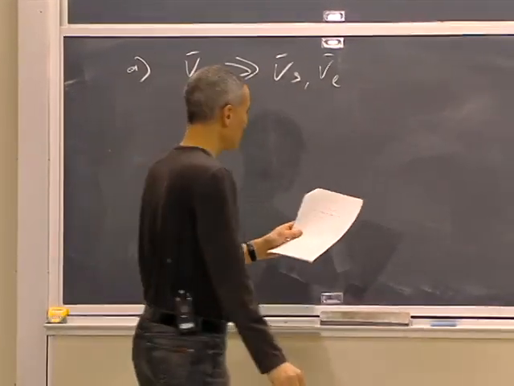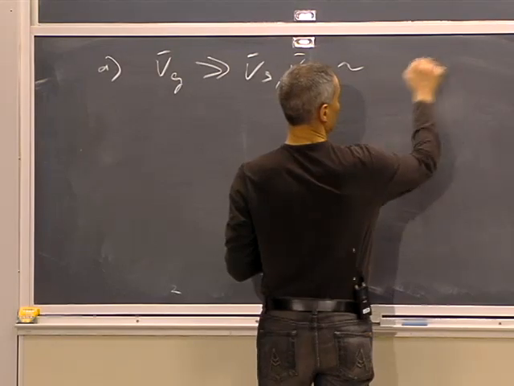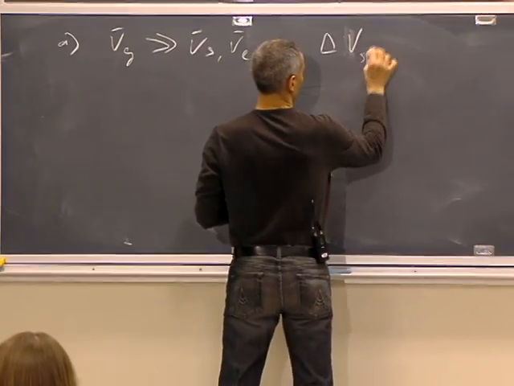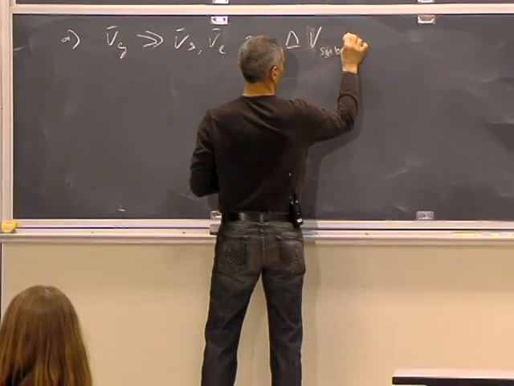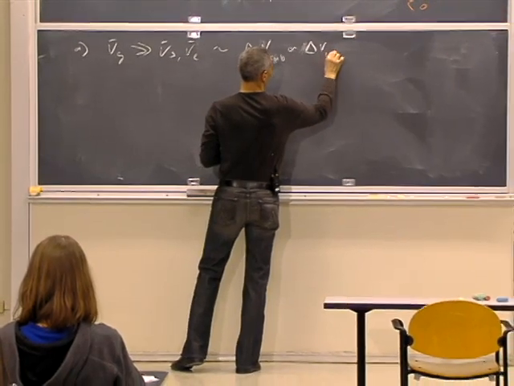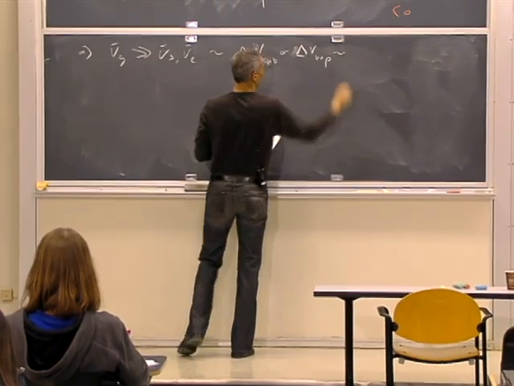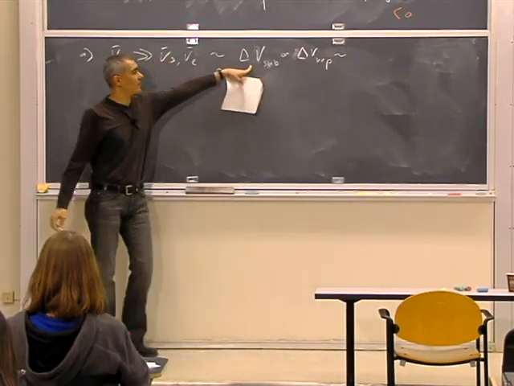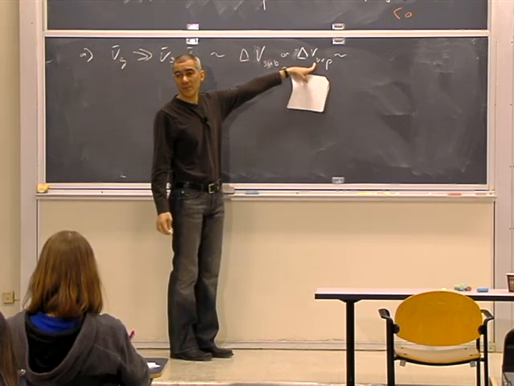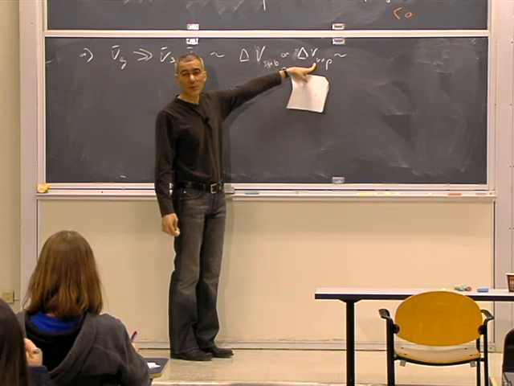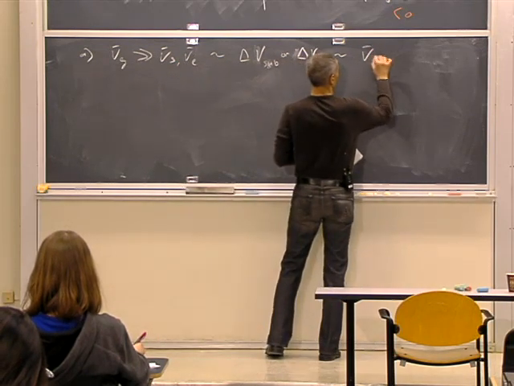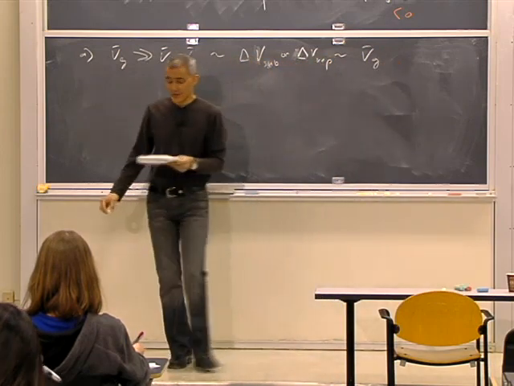And so as a result, whenever you have these delta V's for sublimation or delta V for vaporization, which is the volume of the gas minus the volume of the solid, or the volume of the gas minus the volume of the liquid, you might as well ignore the volume of the liquid or of the solid, and this can just be equal to roughly the volume of the gas. So this is the first approximation he made.